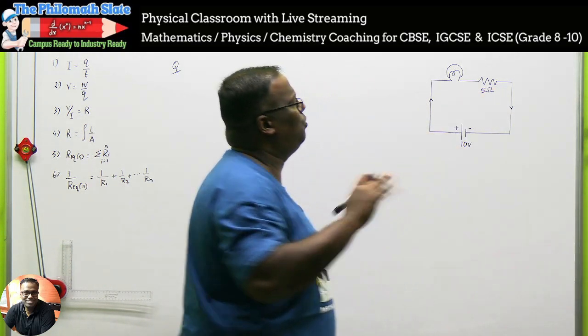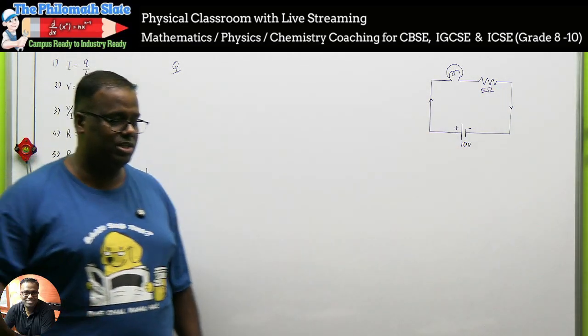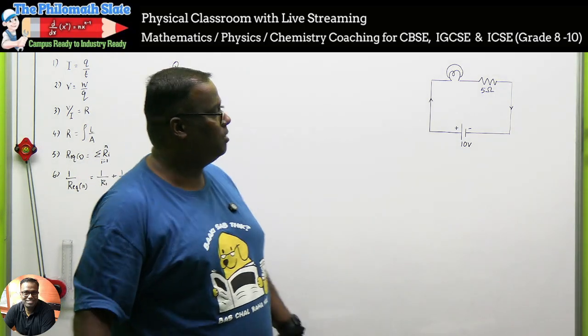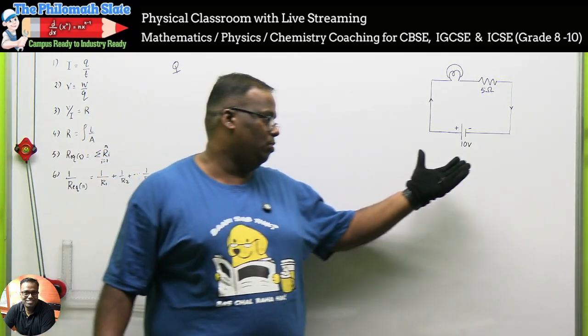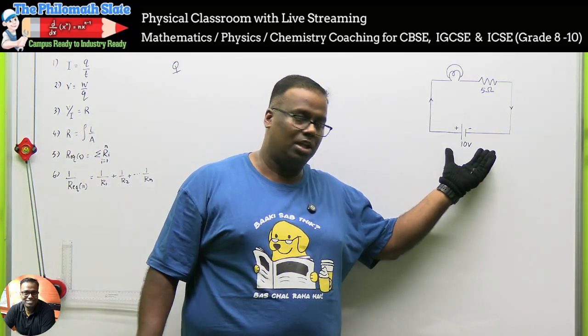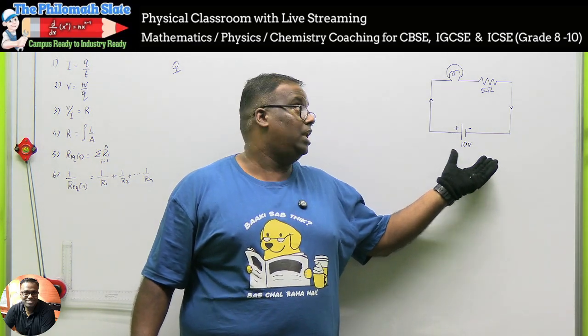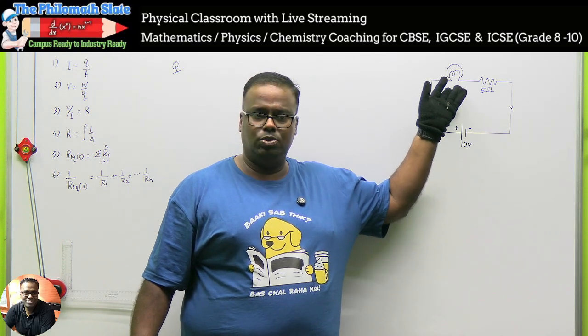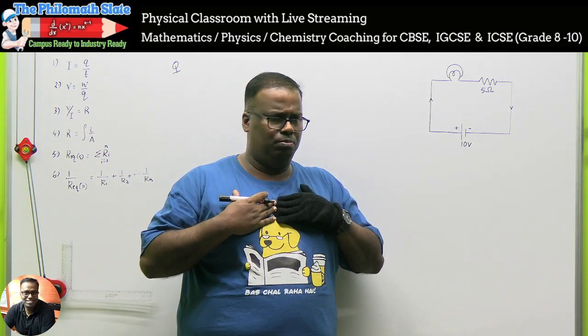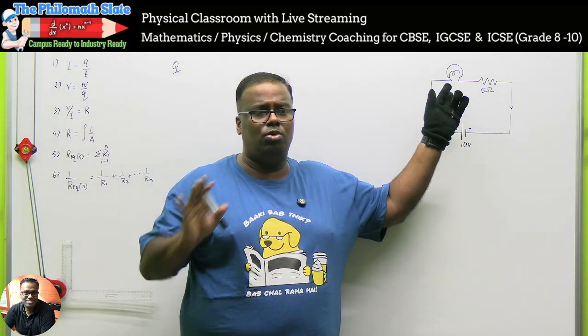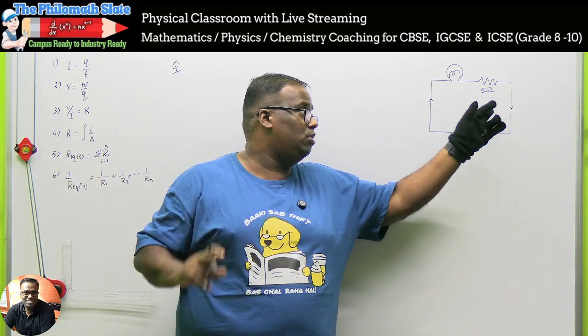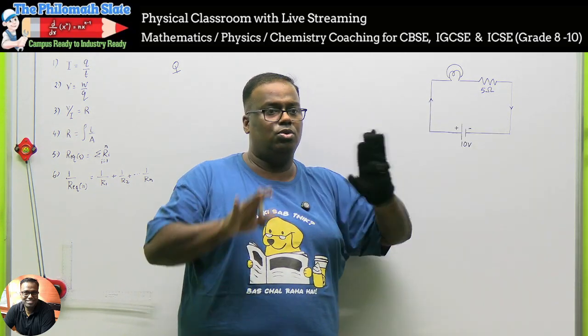Before even writing the question, let us try to absorb this. What is this showing you? A voltage source giving you a voltage supplying 10 volt, and you have connected a bulb to it. Apparently it makes us feel that this bulb cannot handle 10 volt. That's why you are using a resistor. A resistor is going to limit the current.